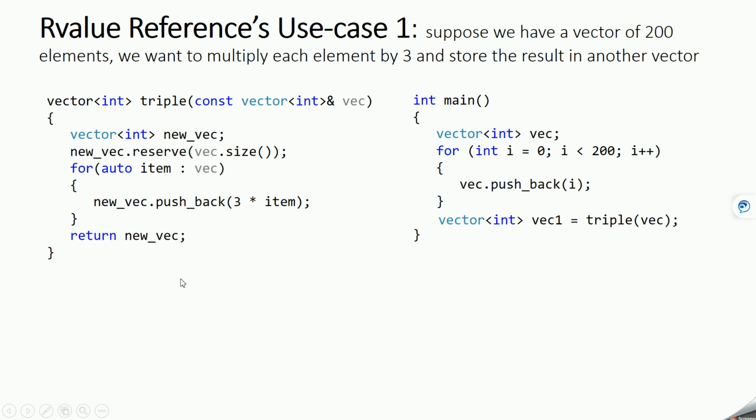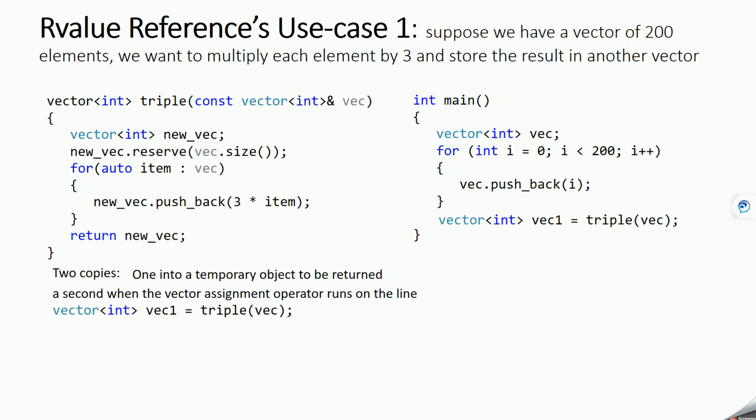When it is returning and the value is getting assigned, two copies of the vector will be created. One will be the temporary object that has to be returned, and the second is when the assignment operator happens, that is, when the returned vector is assigned to this vector. So in this case there will be two operations.